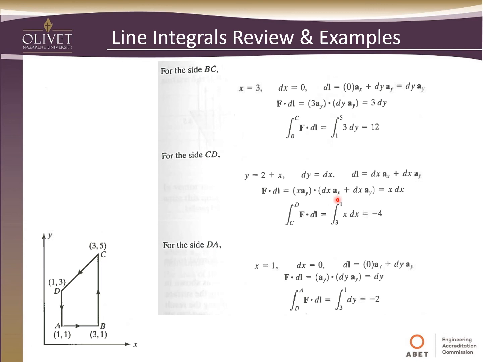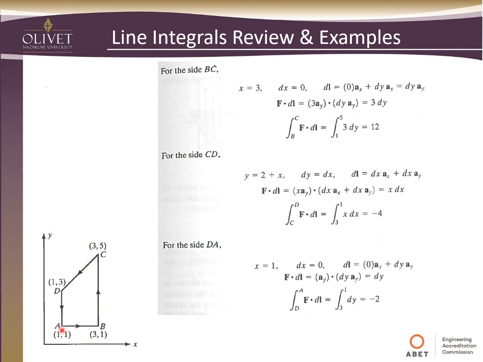Now we've got this dx a_x plus dx a_y, so that's going to give us x dx. Again, this is from the dot product, right? The a_y, a_x part goes to 0 because they're perpendicular. So we're left with this dx a_y and our x a_y, which is where we get the x dx. When we integrate this, we're doing the change of x. x changes from 3 to 1 here, so that's why we go from 3 to 1 of x dx. When we evaluate that, we get -4.